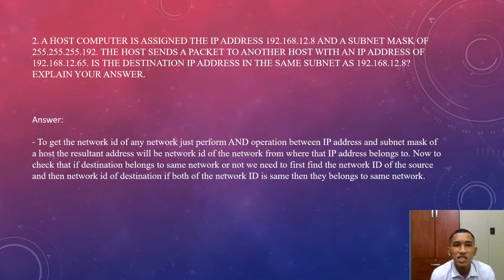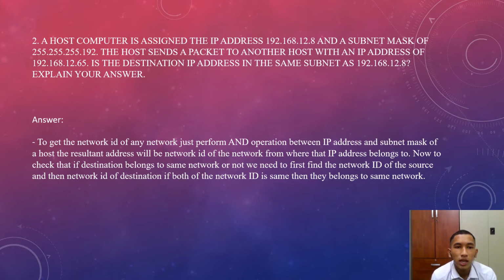Is the destination IP address in the same subnet as 192.168.12.8? Explain your answer. To get the network ID of any network, just perform an AND operation between the IP address and subnet mask of a host. The resultant address will be the network ID of the network to which that IP address belongs.